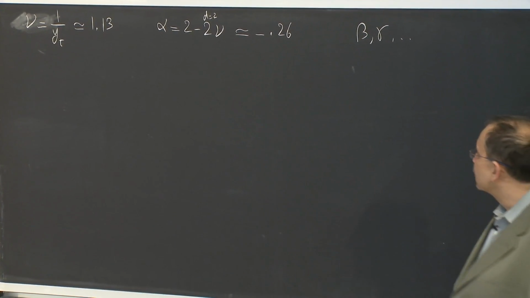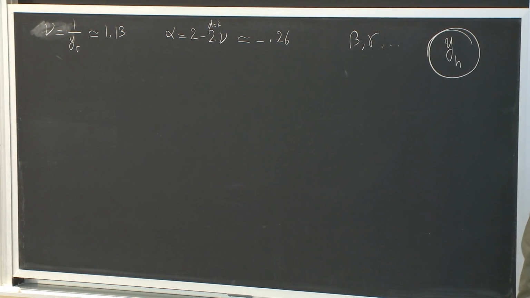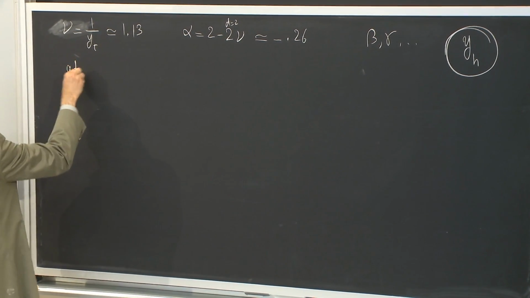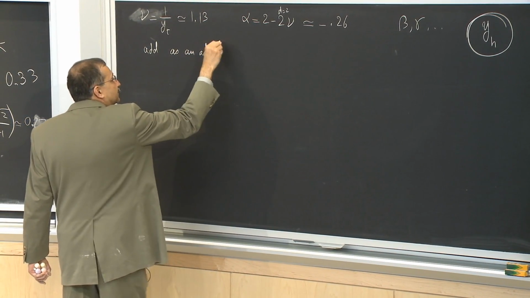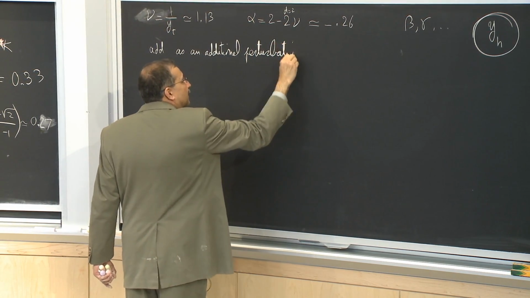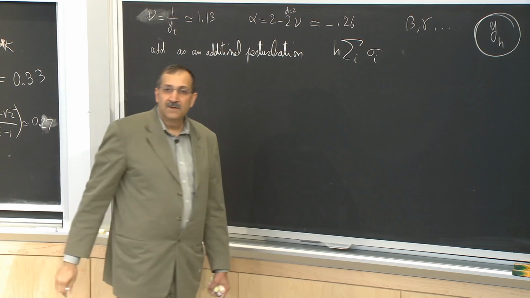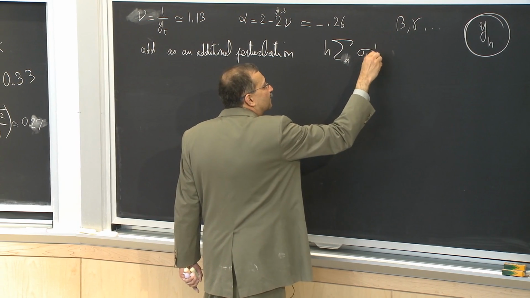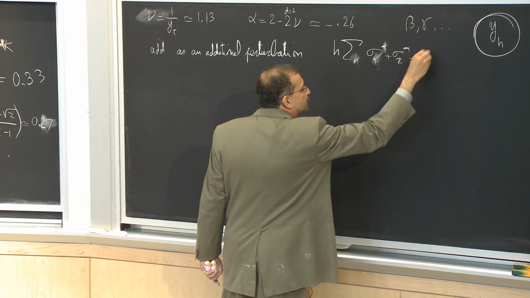Clearly, to get those exponents, I also need to have yh. Okay? So to get yh, I will add as an additional perturbation a term which is h sum over i of sigma i, which is, of course, the same thing as sum over alpha of sigma alpha 1 plus sigma alpha 2 plus sigma alpha 3.